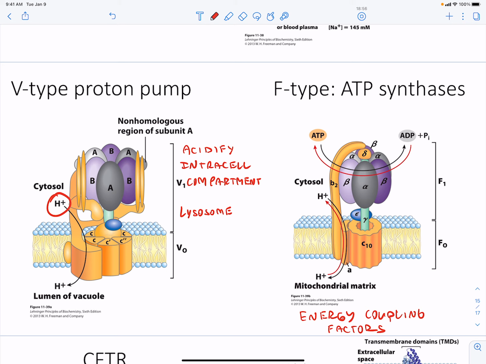The V type is going to maintain your vacuoles or lysosomes at a pH of about 3 to 6. V0 is the integral transmembrane domain, and V1 contains the ATP binding site.